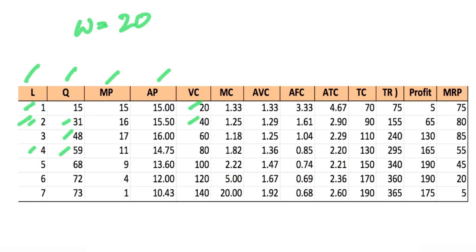What is the marginal cost? The marginal cost is the extra cost of producing one more unit. If you go from 0 to 15, what is the extra cost of producing 15 units? Well, it's just the variable cost, 20.